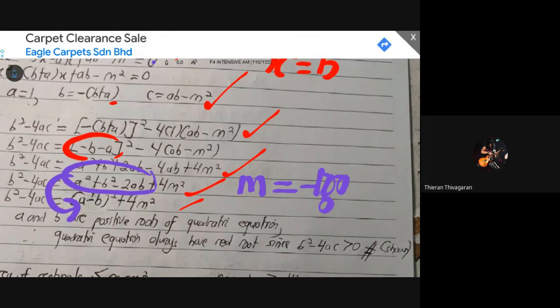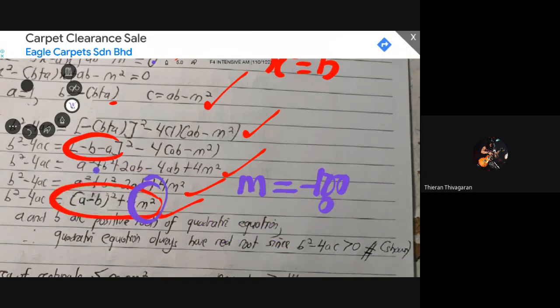Yang ni pemfaktoran kamu dalam kuadratik. Okay, kalau kamu cuba kembangkan A tolak B kuasa 2, kamu akan dapat jawapan yang ni. Kamu boleh cuba. Kamu pasti akan dapat jawapan tu balik. So itu cara saya simplify lah. Yang ni meringkaskan saja. Sebenarnya tak beri apa-apa nilai pun, tapi hanya meringkaskan jawapan akhir.